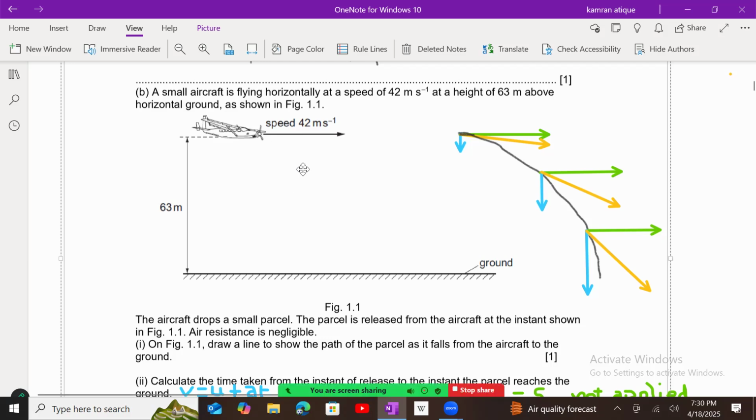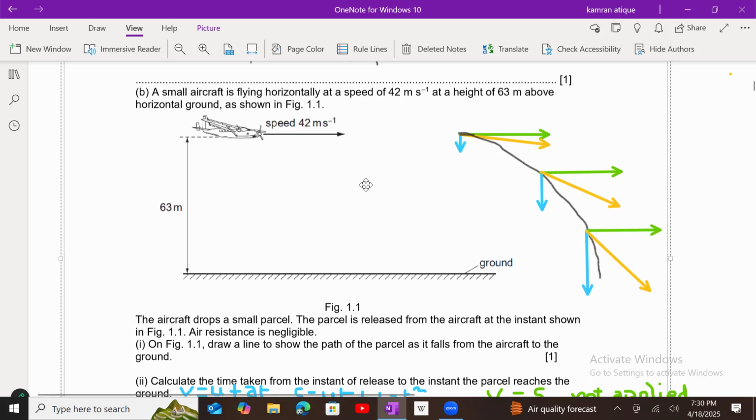So if we can talk about horizontal displacement or vertical displacement, then we can also talk about horizontal velocity or vertical velocity. Similarly, horizontal acceleration or vertical acceleration. And finally, the fourth quantity you need to consider in your mind is horizontal force or vertical force.